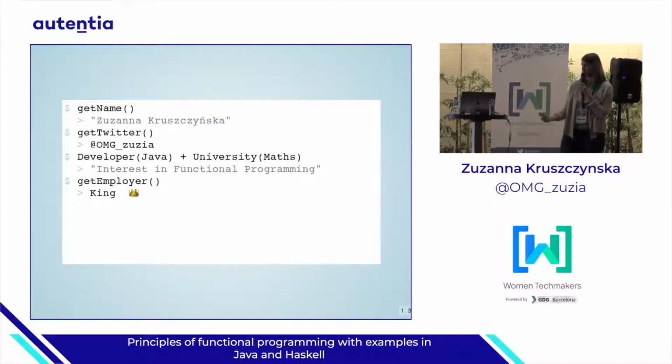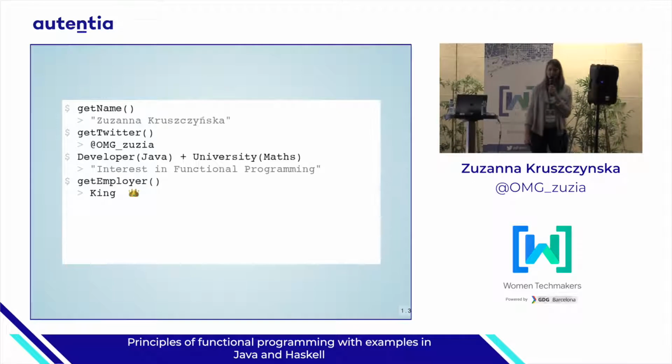So then I became a Java developer, and I've been working for various companies building object-oriented software. And right now I work at King, building infrastructure to operate games like Candy Crush Saga and other games that we have. So I've been doing this for 3 years now, building object-oriented software with all of its benefits and disadvantages.